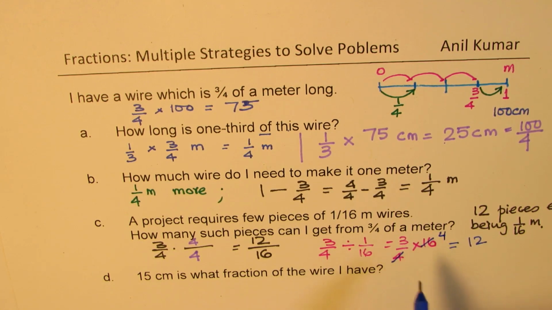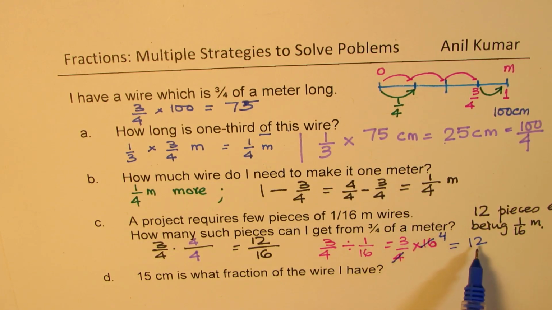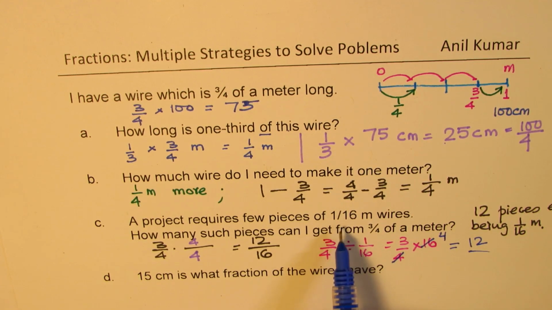So get 4 times 4 is 16. Now multiply 3 and 4 to get 12. Either way, we have 12 pieces which will be 1/16 of a meter long from 3/4 of a meter. You're getting it, right? So that is how we are going to interpret and solve this question.